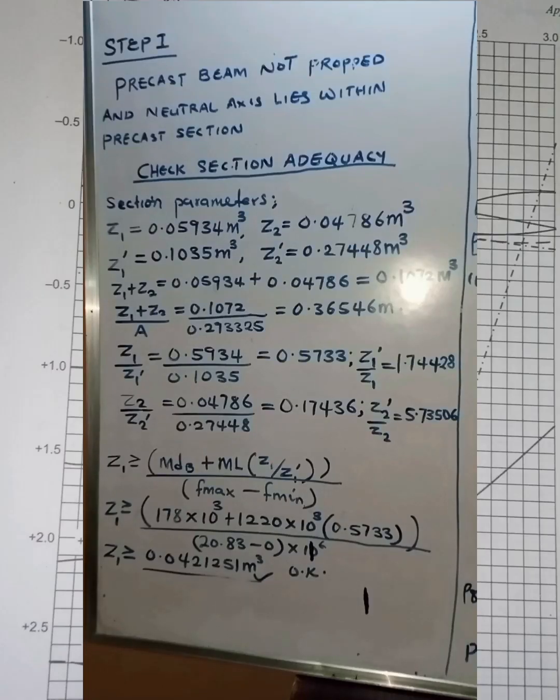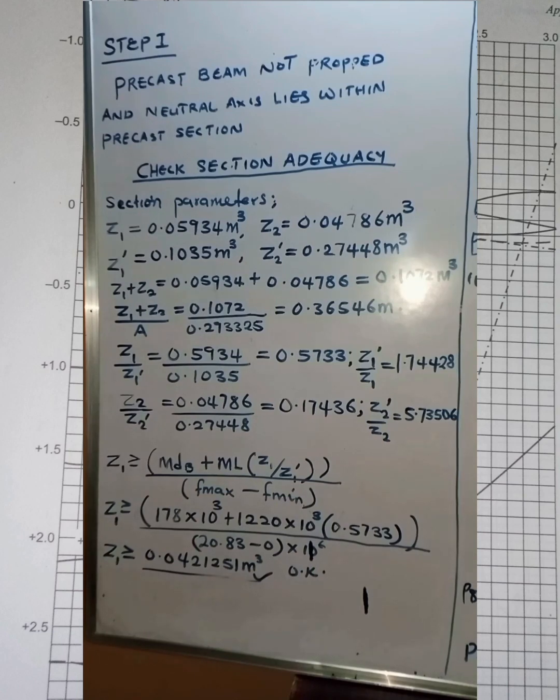All right, so we are going to work on that. We have (Z1 + Z2)/A. We'll need to work out these parameters as we're going to make use of them in our formulas. We'll have that as 0.3654 meters. Z1 over Z1 prime, we have it to be 0.5733. Z1 prime over Z1, which is the inverse, we have it to be 1.7442.